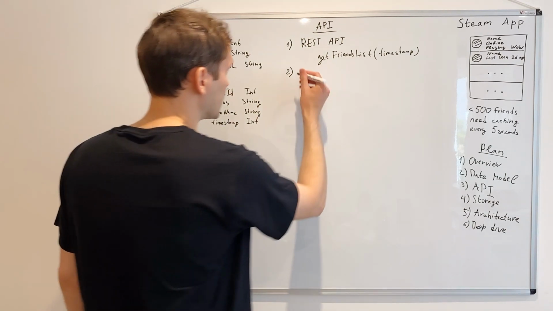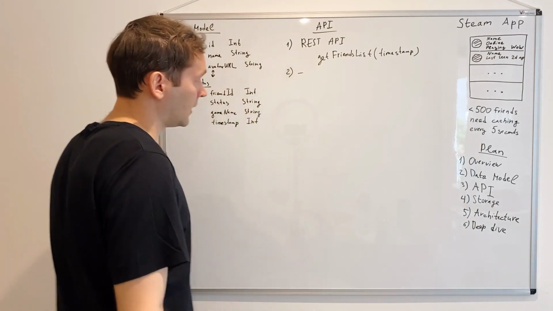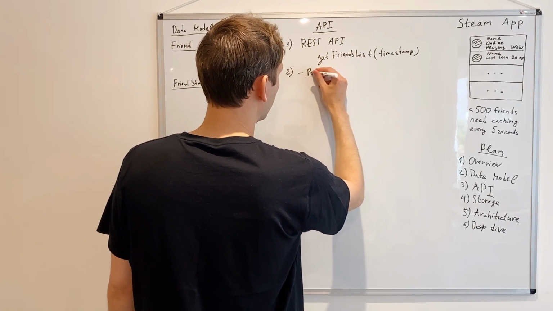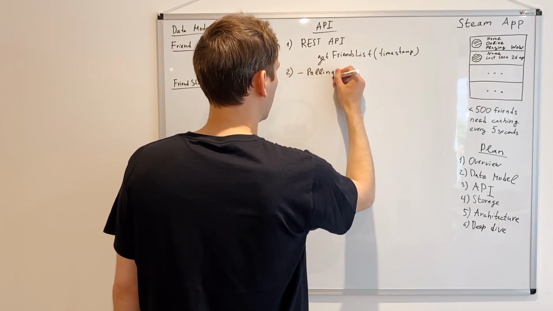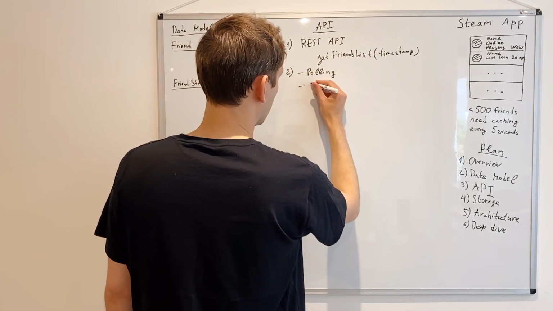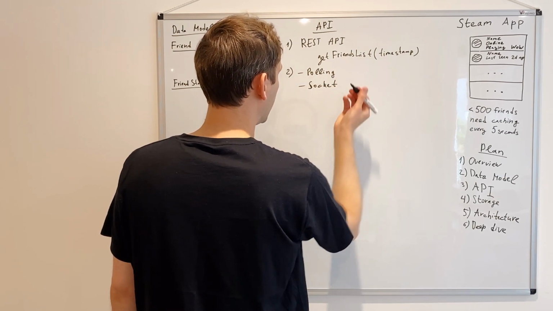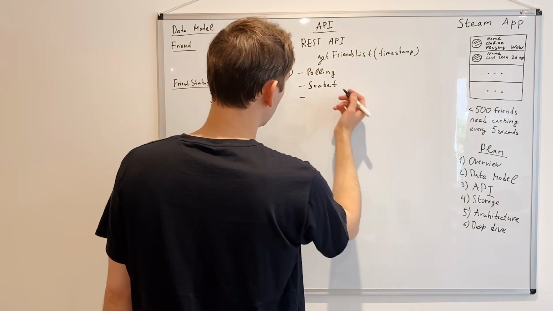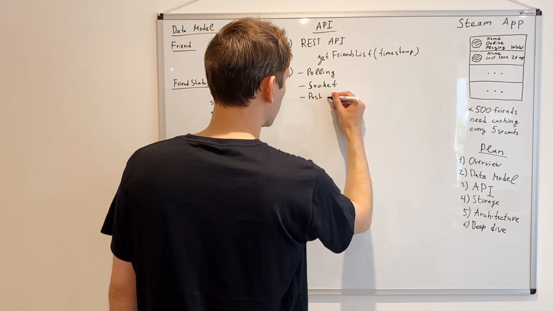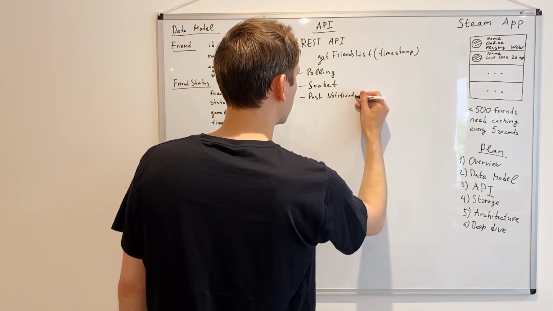What possible things could we use here for updating? The simplest would be just to do polling. The other would be to use sockets. And probably we could use push notifications with updates of the statuses of our friends.